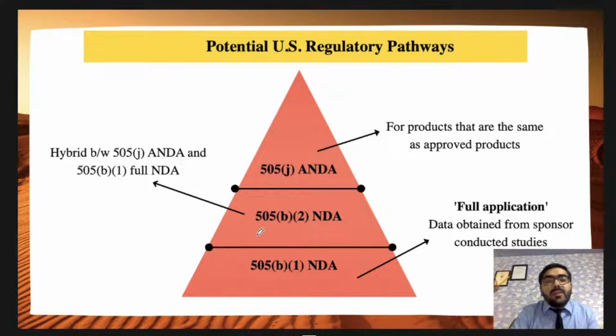And this 505(b)(2) NDA is a hybrid, between 505(j) ANDA and 505(b)(1) full NDA. So these are the three regulatory pathways in the US.